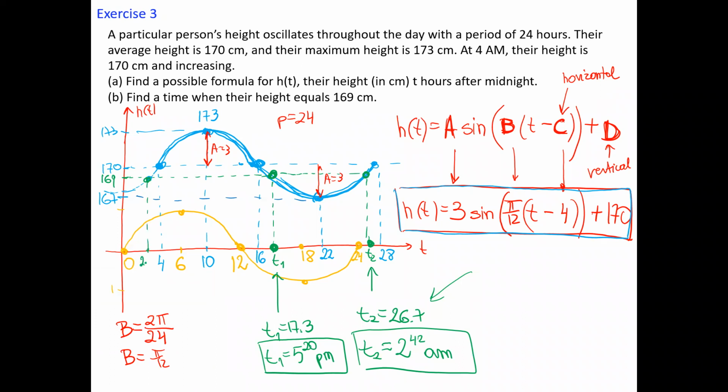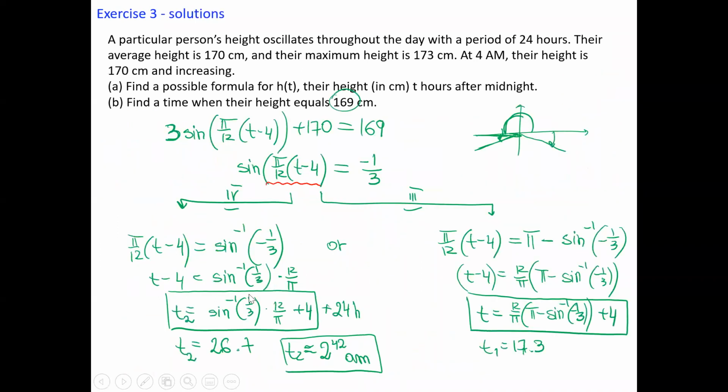It will be 2.7, and that makes sense also because the difference in time between 4 and 2.7 is 1.3, and we can see the same difference. 16 plus 1.3 is 17.3, because everything is symmetric. So just that box will give us 2.7, but adding 24 is 26.7.